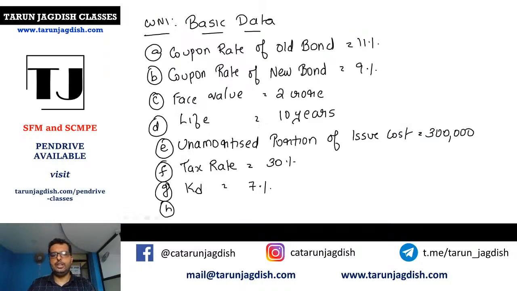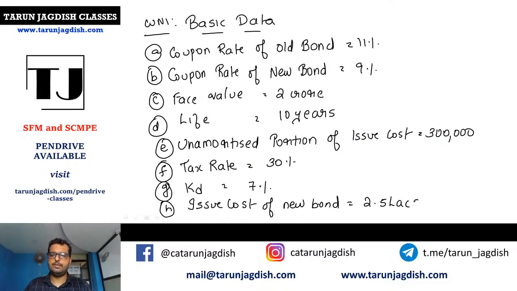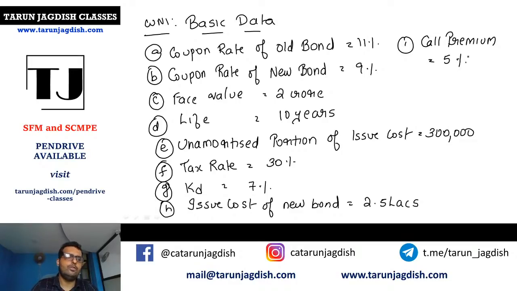They have also told issue cost of new bond is equal to 2.5 lakhs. And the last part that they are saying is call premium is 5%. Can you please write down this basic data in your books now?